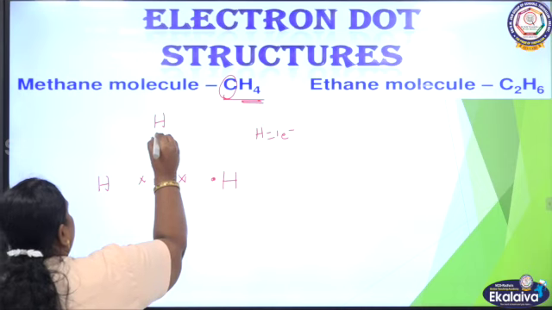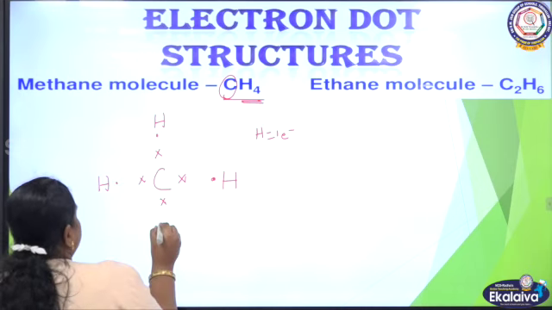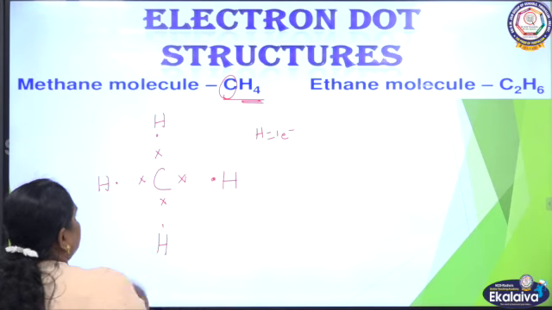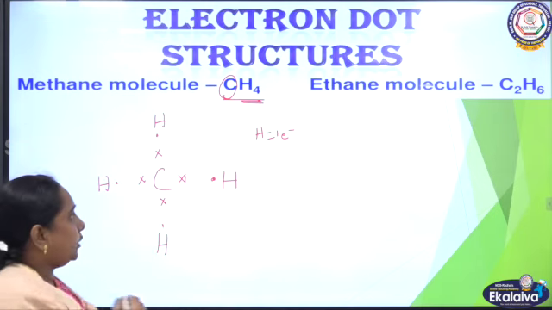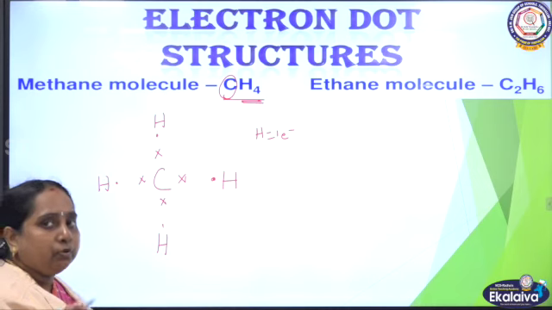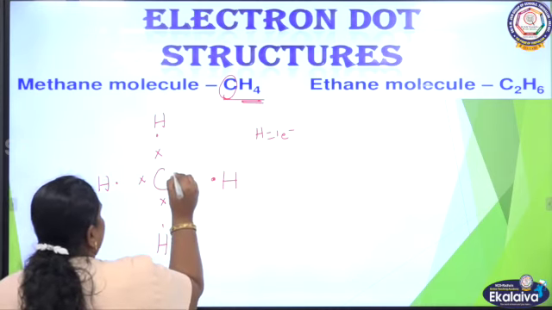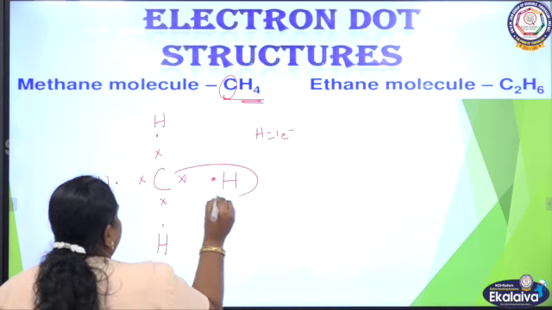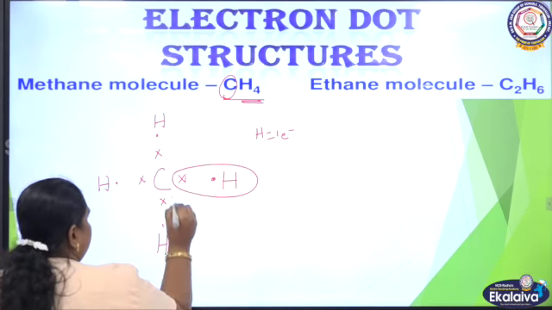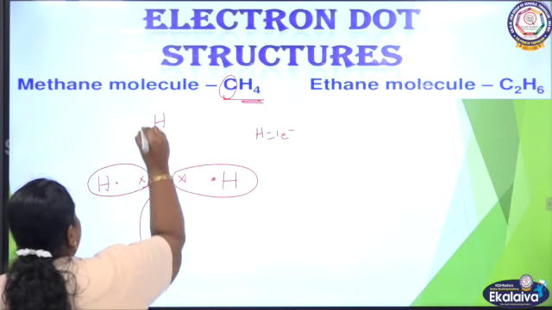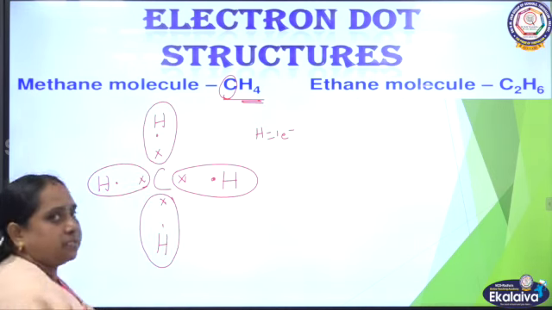Likewise, all the 4 hydrogen atoms have their electrons. Now the electrons of hydrogen and carbon are going to be shared mutually to form a compound of methane. This electron of carbon is shared by hydrogen. Likewise, the 4 electrons of carbon are shared by 4 hydrogen atoms.